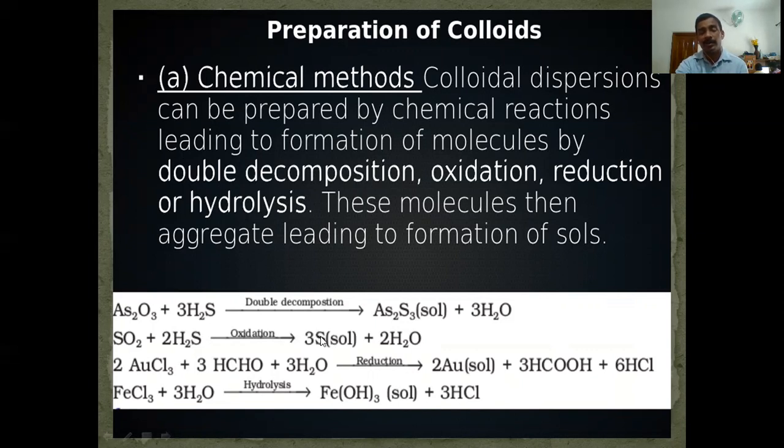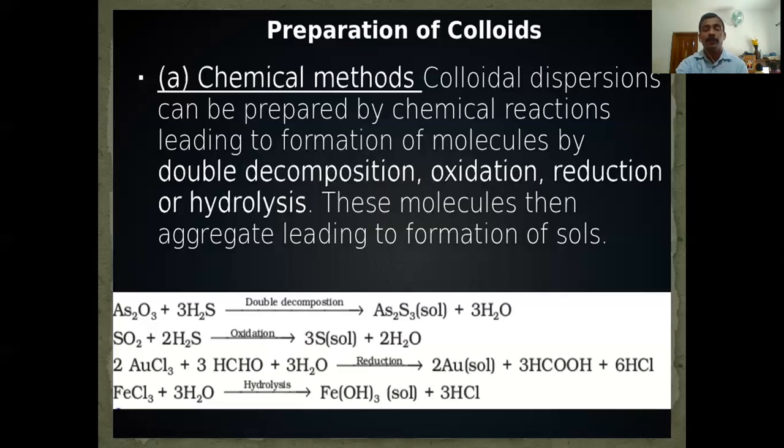In sulfur, the oxidation state is 0, and in H2S, the oxidation state is -2. -2 is changing to 0. So H2S is oxidized by SO2. A method for the preparation of colloids. Here the product is sulfur sol, sulfur dispersed in H2O. Gold sol, all these are examples of lyophobic sols.